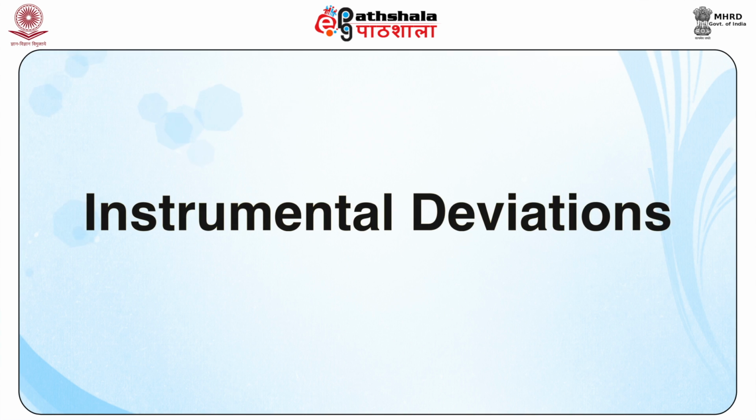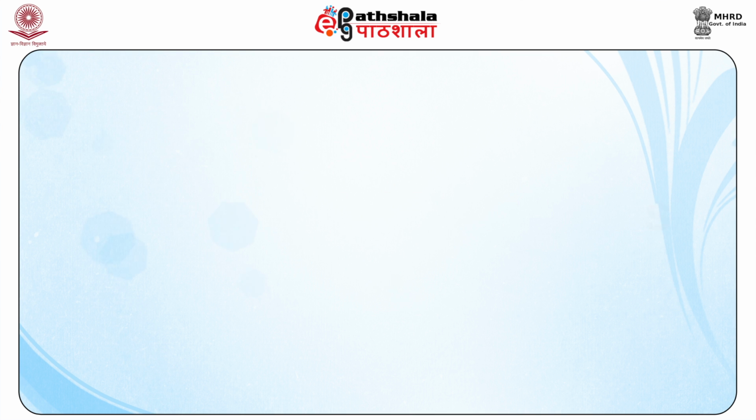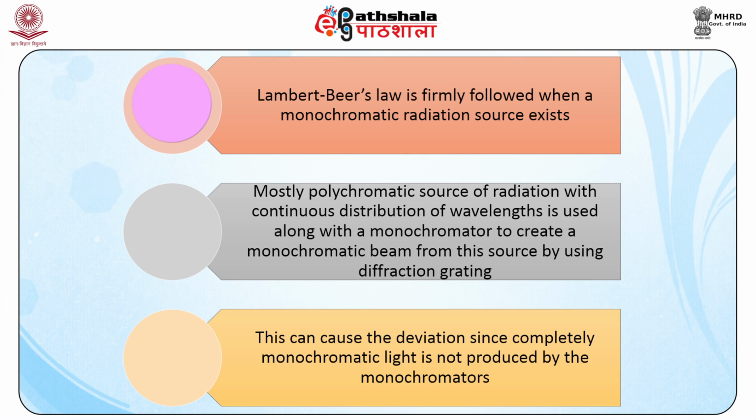The next type of deviation is the instrumental deviation. Lambert-Beer's law is formally followed when a monochromatic radiation source exists.